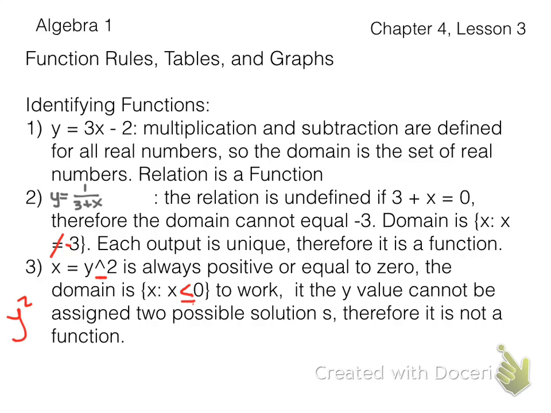So no matter what, your output is going to be positive by virtue of the fact that we're putting it to the 2nd power every time. So one x value can be assigned two possible y solutions, therefore it cannot be a function. All right, so this particular number 3 is not a function, okay?